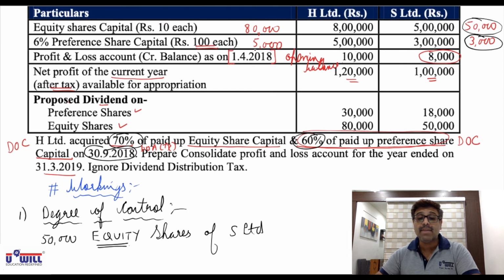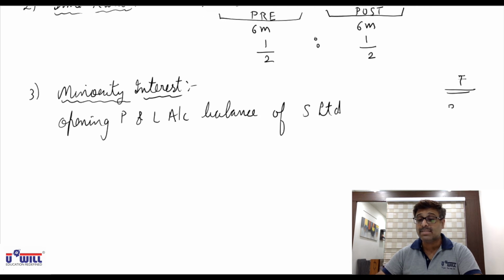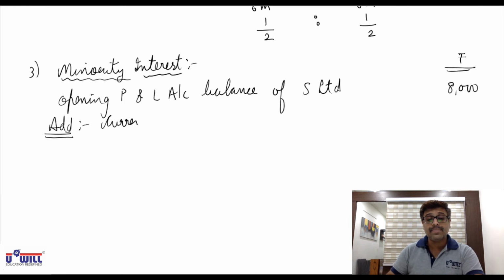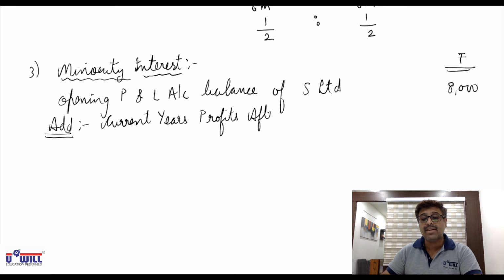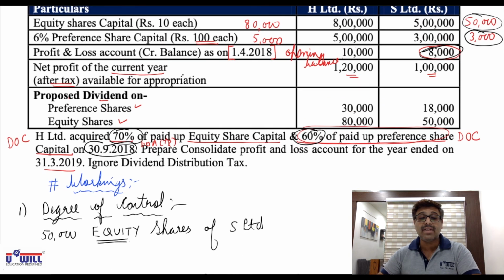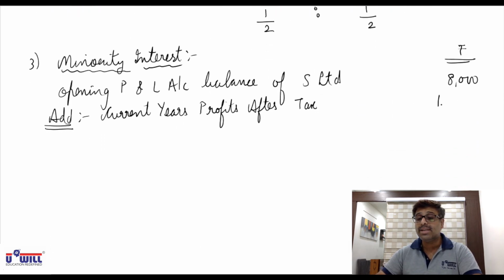P&L account credit balance on 1/4/18, 8,000. In that we will add current year's profit after tax. Now see what is current year's profit after tax given over here. Net profit of current year after tax available for appropriation of S Limited is 1 lakh. All amounts in the workings to be taken only from S Limited's P&L account.